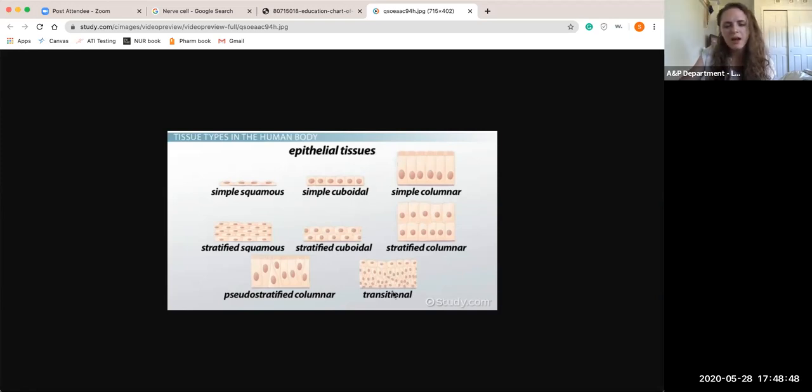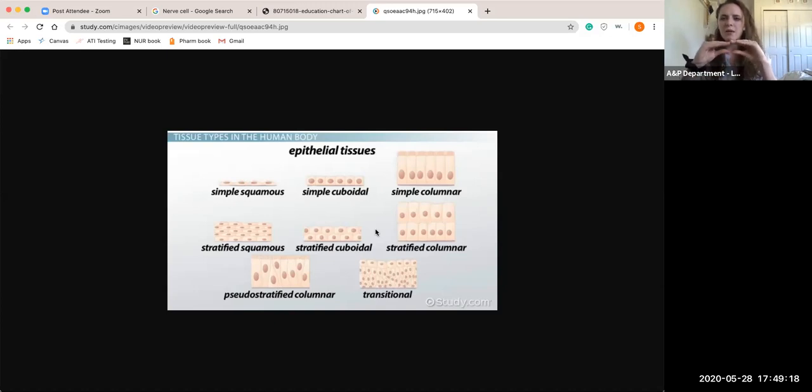Transitional epithelium. I don't like this picture, so don't pay a ton of attention to it. Transitional epithelium has cube-shaped cells that will pull and flatten into flat, squamous cells. It's like a balloon.